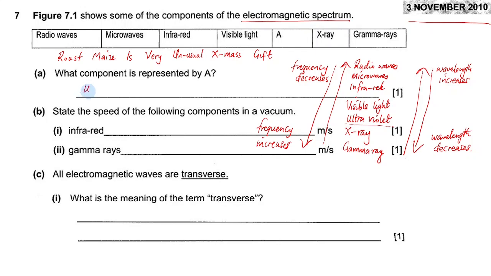So here it will be ultraviolet. Then here per B, they're saying state the speed of the following components in vacuum. So in vacuum, their speed is the same. It is 3 times 10 to the power 8 meters per second.